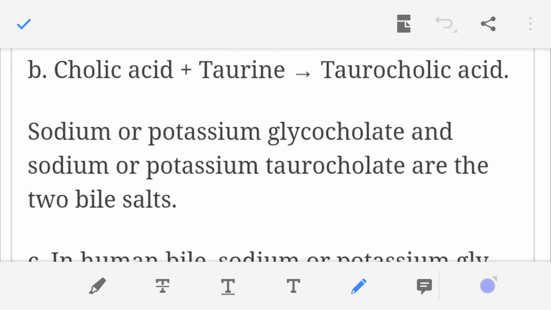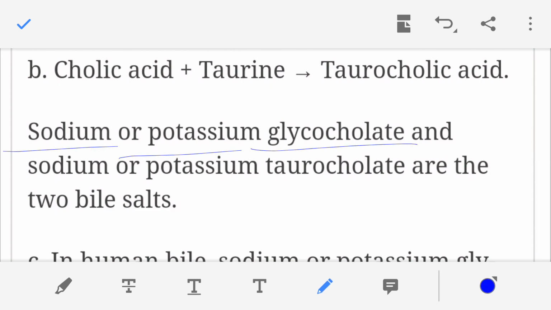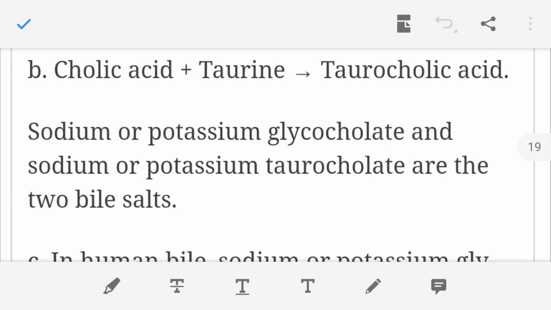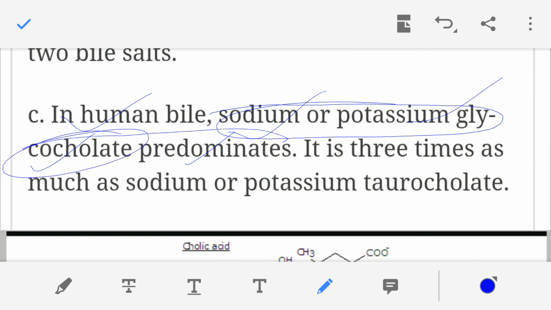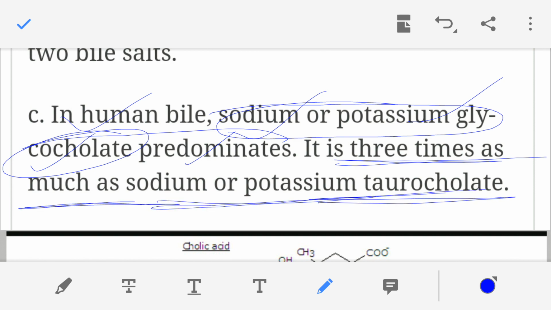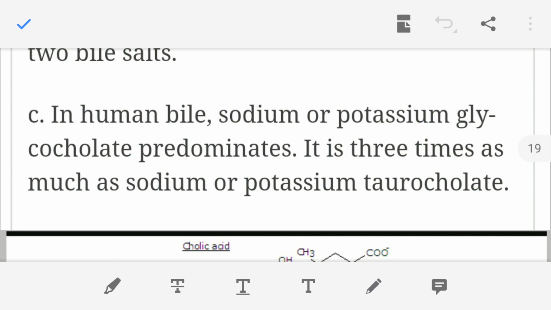Now, sodium or potassium glycocholate and sodium or potassium taurocholate are the two bile salts. And in human bile, sodium or potassium glycocholate predominates. It is the main one, and it is 3 times as much as sodium or potassium taurocholate. Okay.